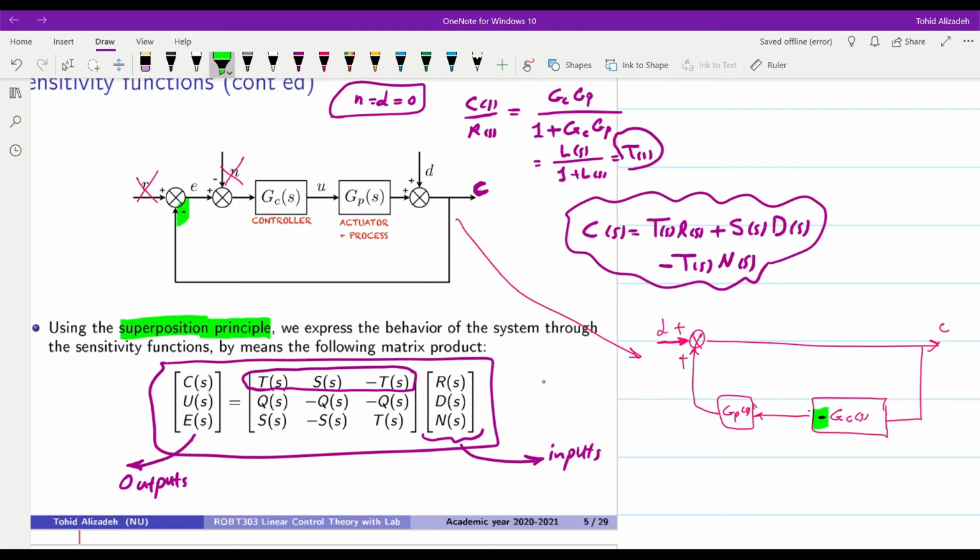Or we can just transfer it to the summing point.